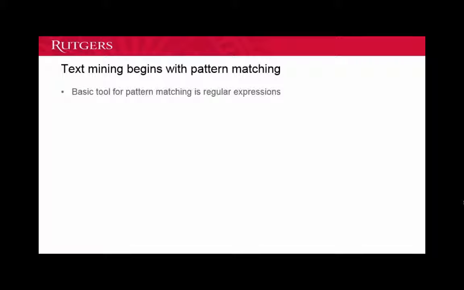There are all different kinds of patterns you can find in text, and once you find a pattern, you can count it and measure how many times it appears in a document or in a corpus.